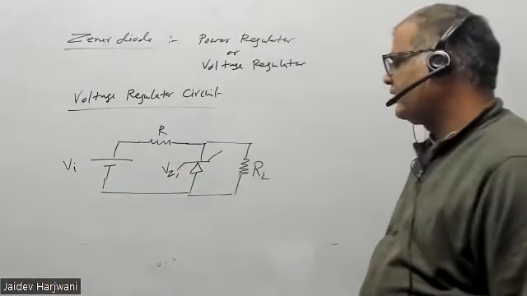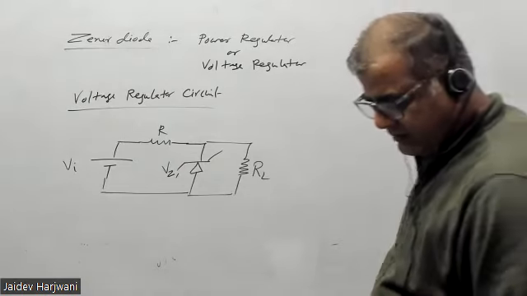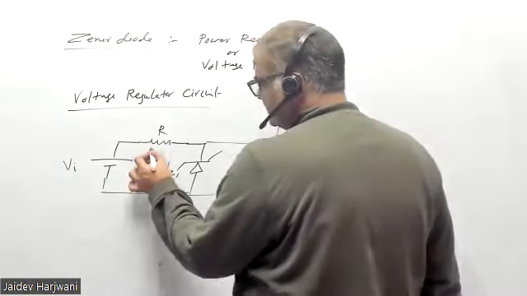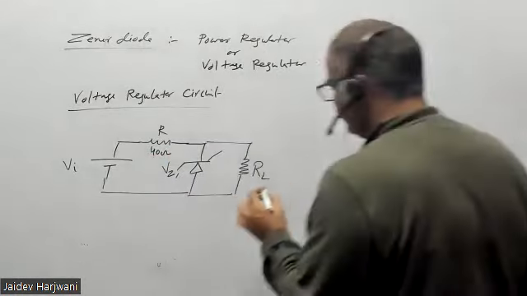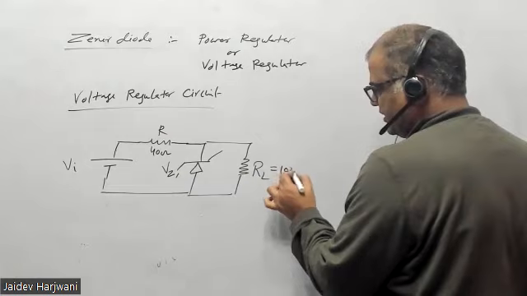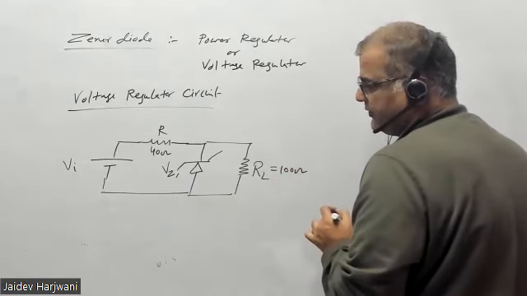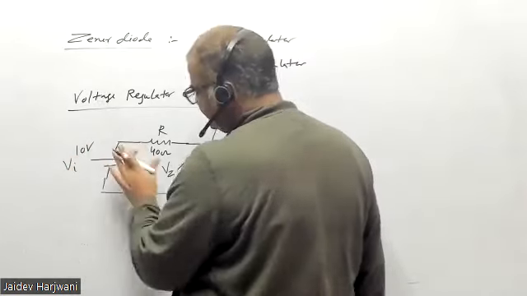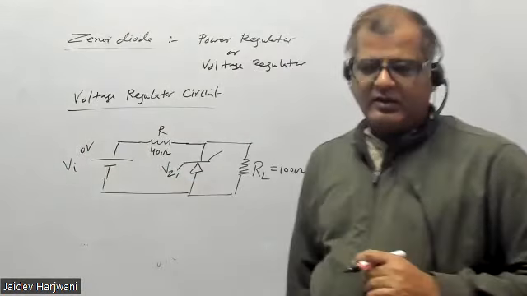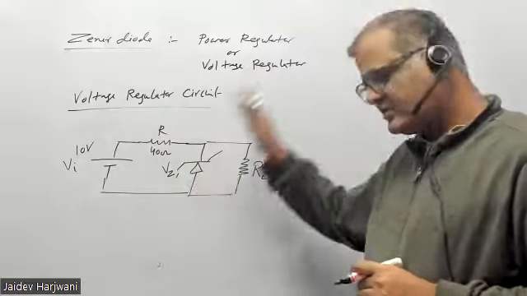Now let me give some values: this is 40 ohm, this is 100 ohm, this is 100 ohm, and the voltage is 10 volt. So this is the main circuit. All calculations you have to do in this circuit.